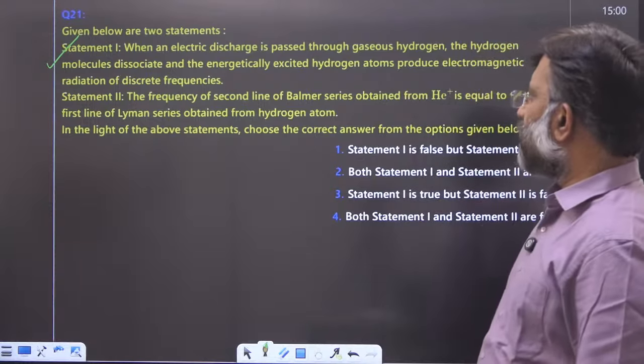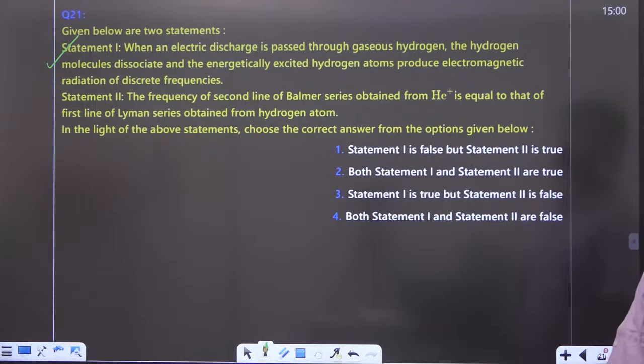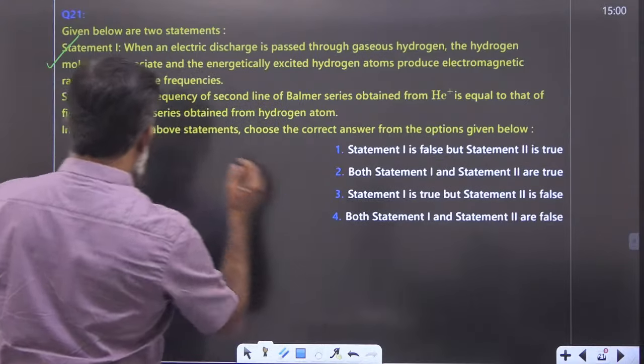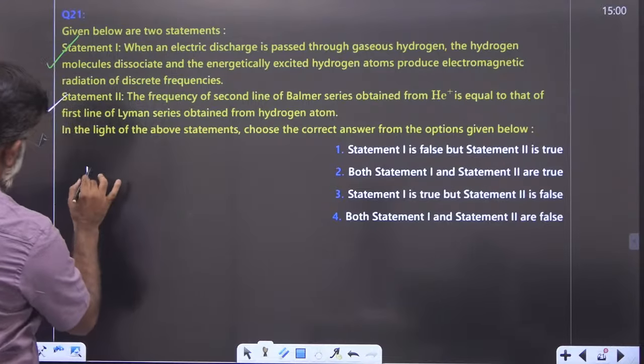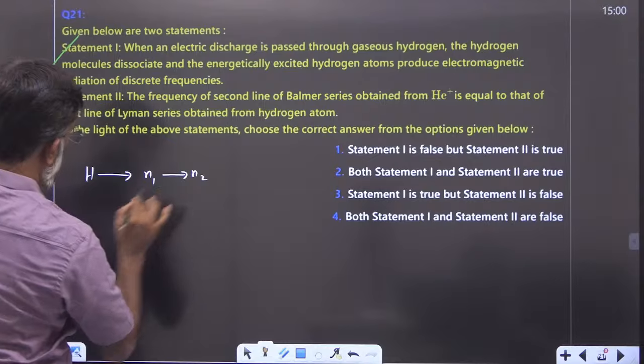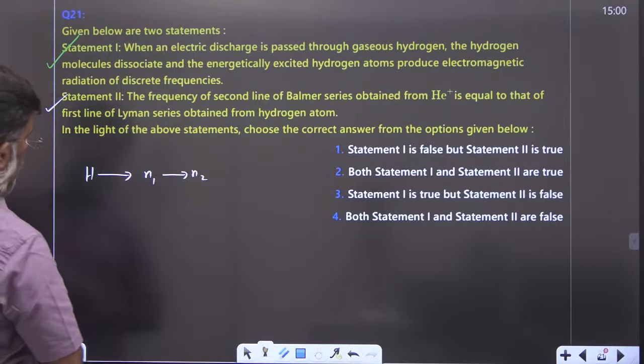Next, the frequency of the second line of Balmer series obtained from helium plus is equal to that of the first line of Lyman series of hydrogen atom. That is also true. Hope you remember, hydrogen has n1 n2 transition.